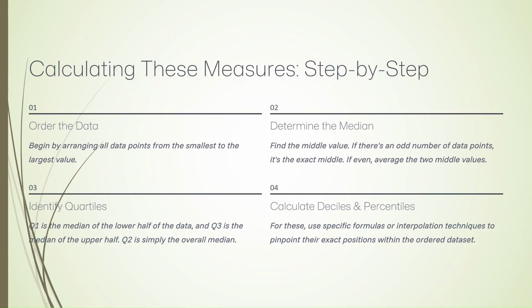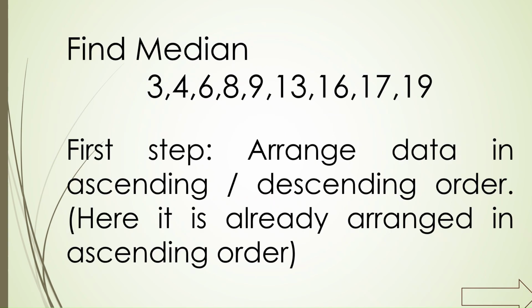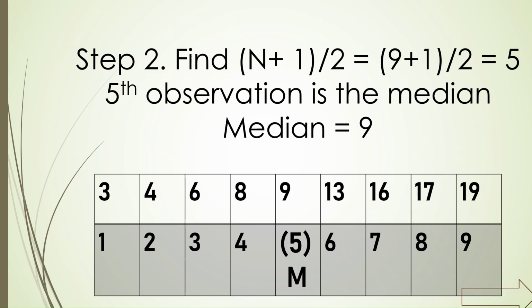A simple example we'll show you here is regarding the median. If we have data of this type and we have to find a median or any other measure of location, for the median we first arrange the data. Here the data is already arranged, and the median, as you know, is a midpoint which divides the data into two equal parts.